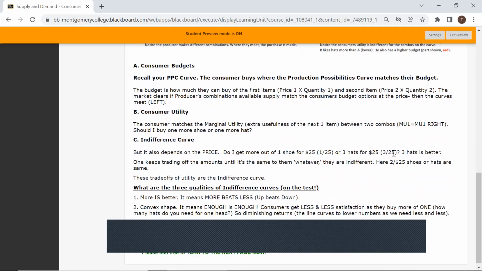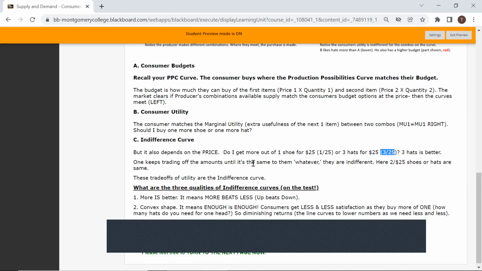Or 3 hats for $25, 3 over 25. So which one is higher? 3 over 25 is better. You get 3 useful hats for the same price as you would get 1 shoe. So you would pick this one.